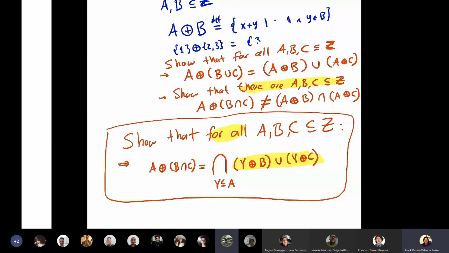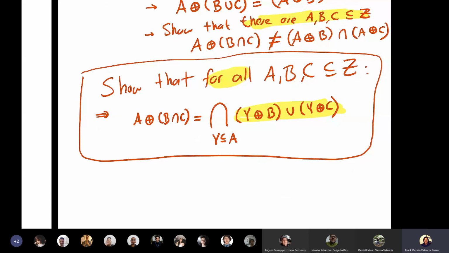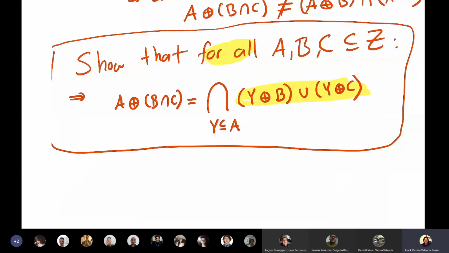Qué pena. Una pregunta rápida sobre el último. Estas son todas las intersecciones de todos los Y, donde esos Y son todos los subconjuntos posibles de A, ¿cierto? Sí, exactamente. Entonces, supongamos un ejemplo muy simple para que veas.